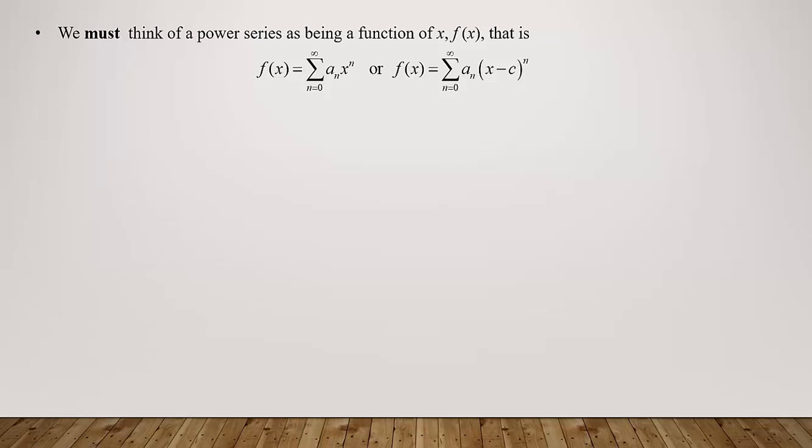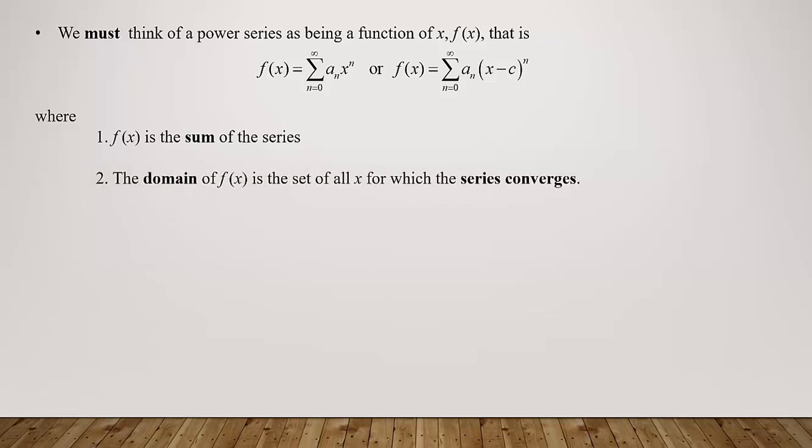So think of it as a function of x, where f of x is the actual sum of the series, whatever that function is. The domain of f of x, whenever we talk about functions, we always talk about domain of functions.